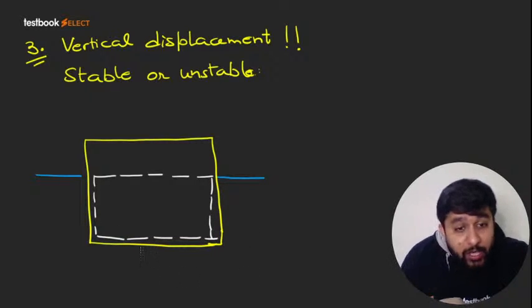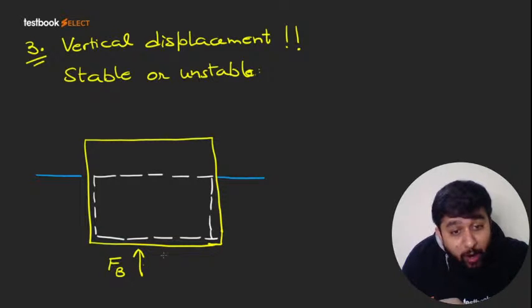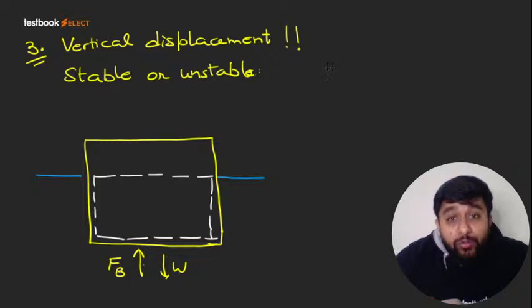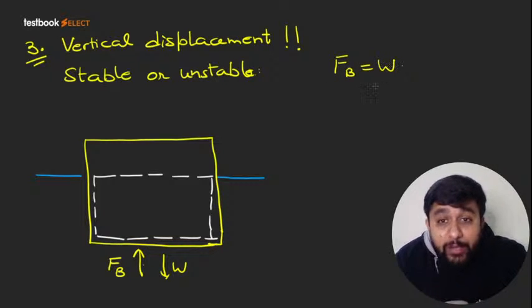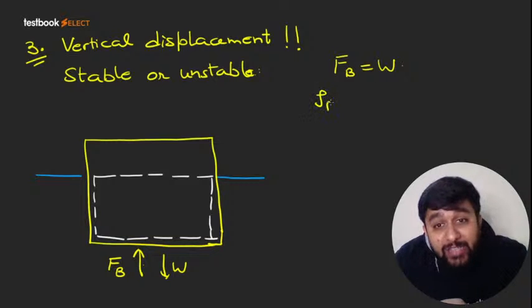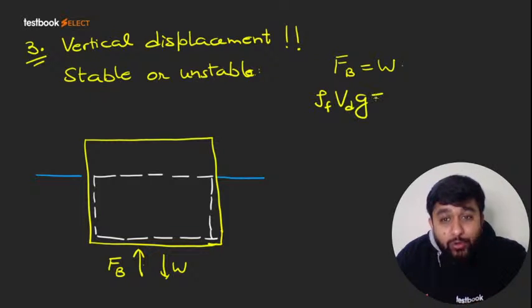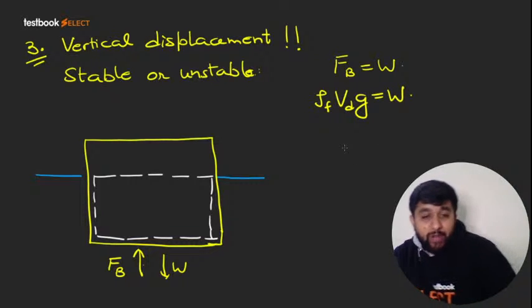You will say, in the current scenario, the buoyant force is equal to the weight of the body. And how do you write buoyant force? It is written as density of fluid into volume of displaced fluid into acceleration due to gravity. So this is the weight of the body, right?